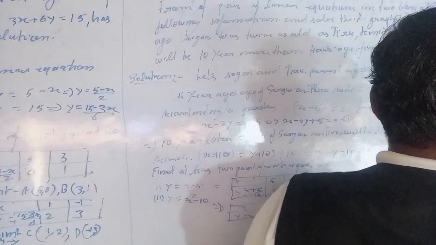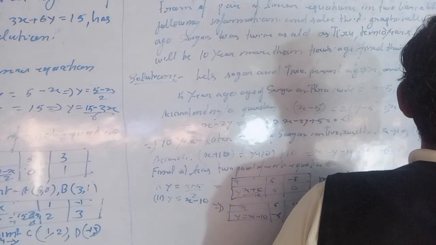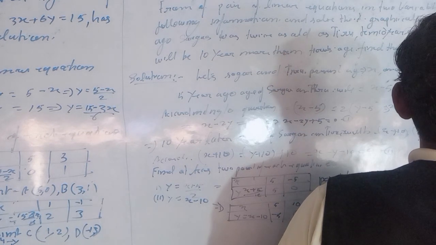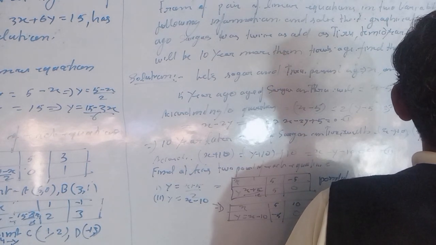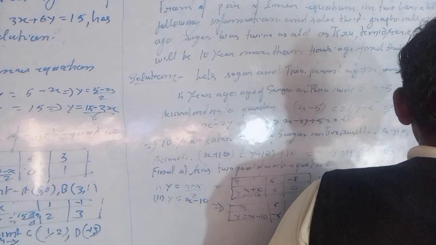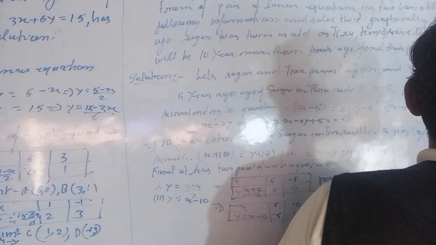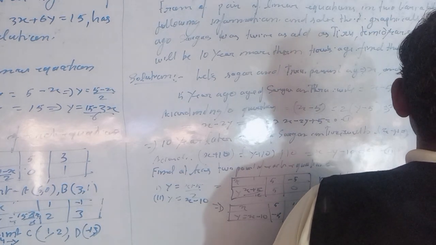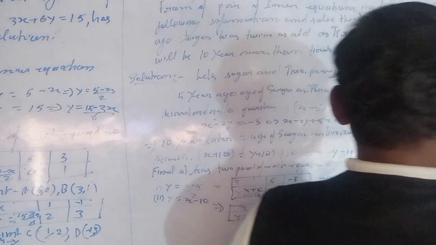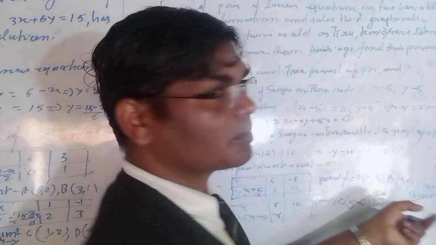So if we join both points, 10 and 0, we will find that the lines cut at a point E, and this goes like this. So here we have got the points.